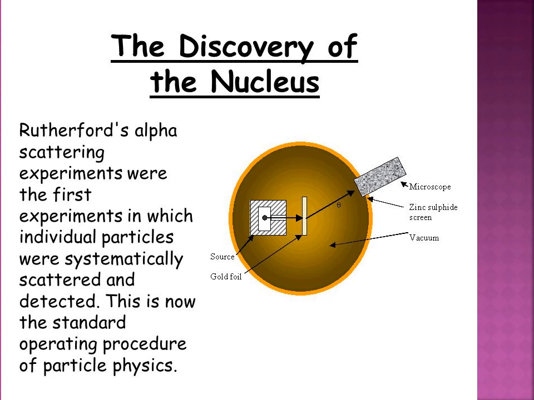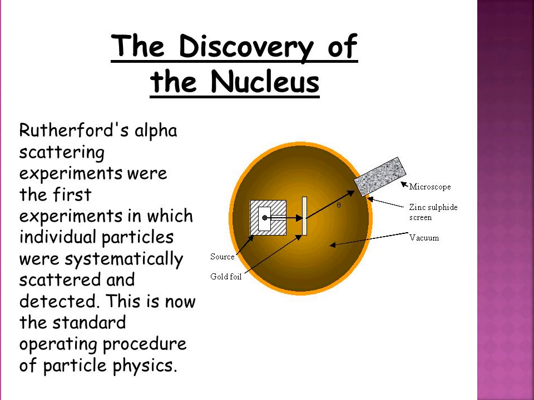Rutherford performed his famous experiment bombarding a thin gold foil with very small, positively charged particles called alpha particles.